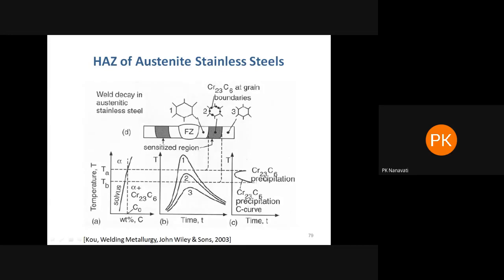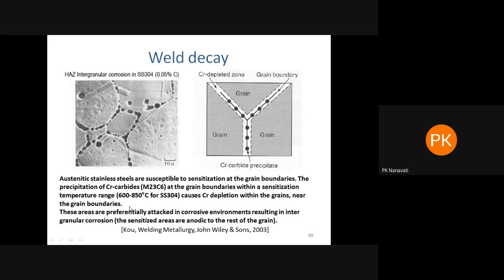This Cr23C6 precipitation band is very bad. So what is the reason for this chromium carbide precipitation? Generally, you have to take care of 600 to 850 degrees Celsius, but technically 480 to 870 is more prone for most stainless steels.